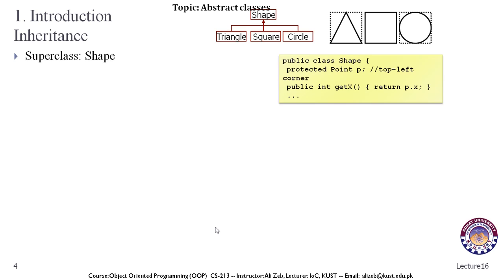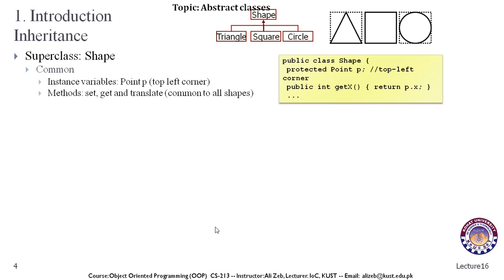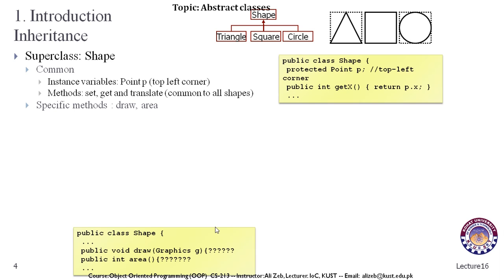The shape class will include the common methods and the common variables, which in this case is the instance variable point p, and the set, get and translate methods. These are common to all shapes. There are specific methods, the draw method and the area method.